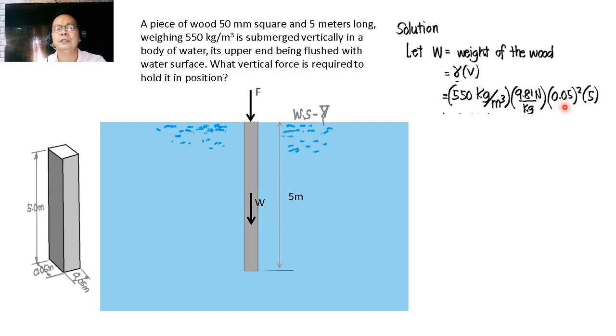This gives us a total weight of 67.44 Newton, or if expressed in terms of kilonewton, this will be equal to 0.067 kilonewton, meaning this weight of the block is 0.067 kilonewton.